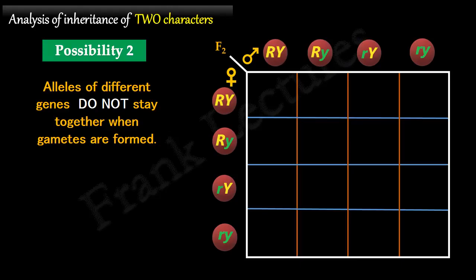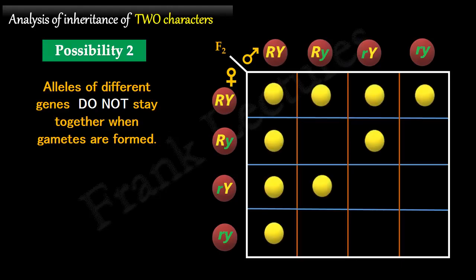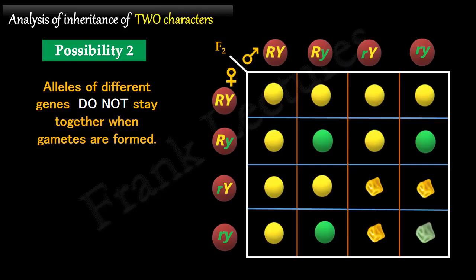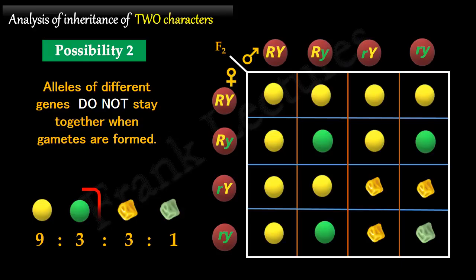From the Punnett square, we find that there will be 9 round yellow seed-producing plants, 3 round green seed-producing plants, 3 wrinkled yellow seed-producing plants, and 1 wrinkled green seed-producing plant. The ratio is 9:3:3:1. Here, you must have noted that 2 new phenotypes were also obtained: plants with round green seeds and plants with wrinkled yellow seeds.